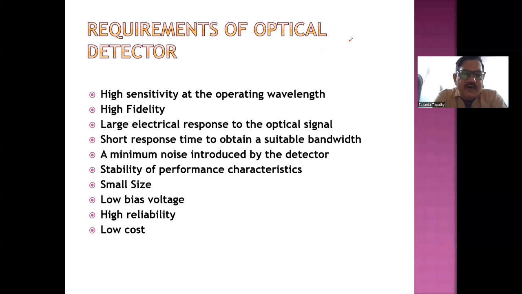And there should be minimum noise in the detector. There may be different types of noise, which you will see later. And the other criteria are obvious in any device, like stability, small size, low bias voltage, high reliability, and low cost. So these are the requirements for optical detectors.